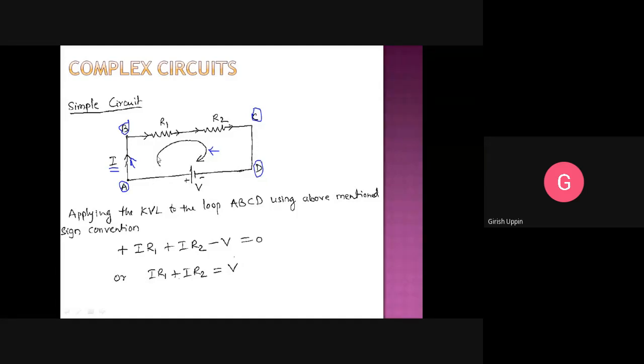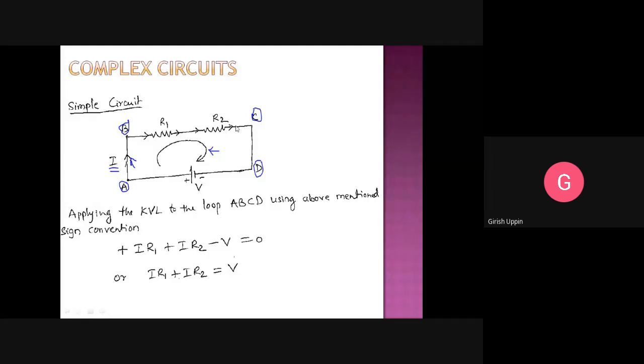So here, this is the direction of tracing. I am going to trace the circuit in a clockwise direction. So first step is mark all the nodes in the circuit, then mark the direction of tracing, then mark all the current directions.